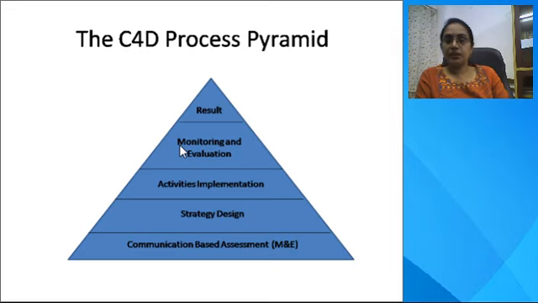So much so that it is said that when you are creating the budget for a particular project, you have to include it into the budgeting also, and 5 to 10% of the entire budget of a particular campaign has to be for monitoring and evaluation. So that's how important it is. If there is 100 rupees being spent, then 5 to 10 rupees needs to be spent on monitoring and evaluation. So that is the importance of monitoring and evaluation in a particular project cycle.